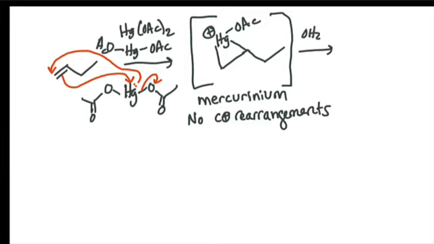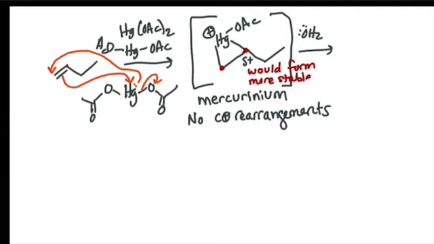So the last part of the mechanism involves water coming in and attacking, and it is going to choose the more partially positive carbon atom, and the more partially positive carbon atom of the two that are bonded to mercury is going to be the one that would form a more stable carbocation.